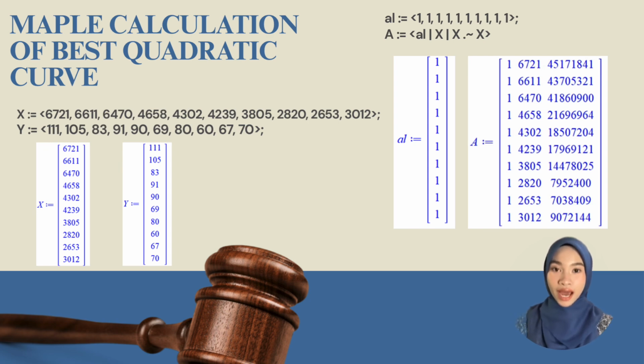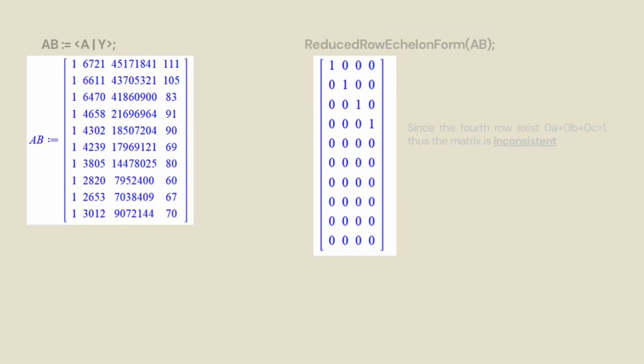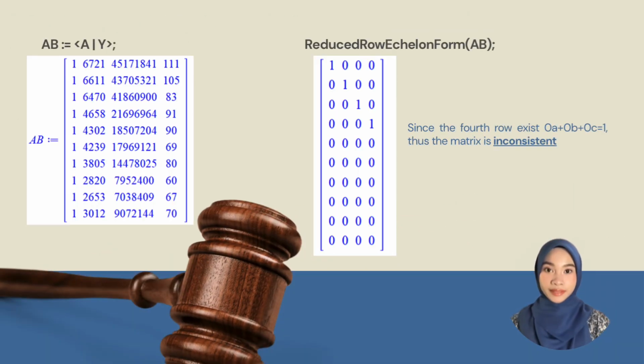After that, we have to design and display matrix A. To design matrix AB, we have to multiply matrix A and matrix B. After getting the answer, we need to conduct the reduced row echelon form of AB to check whether the matrix is consistent or not. As we can see on the fourth row, this shows the matrix is inconsistent.